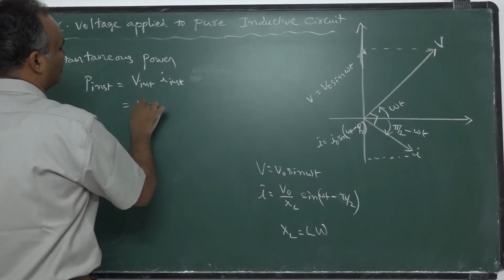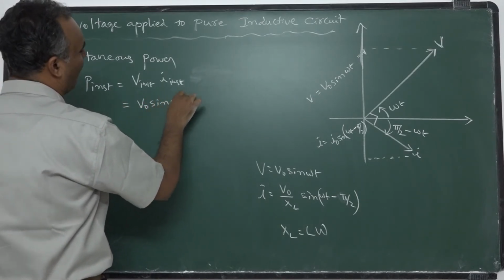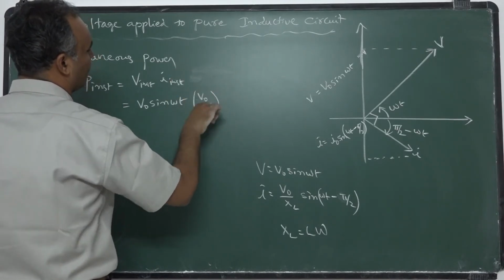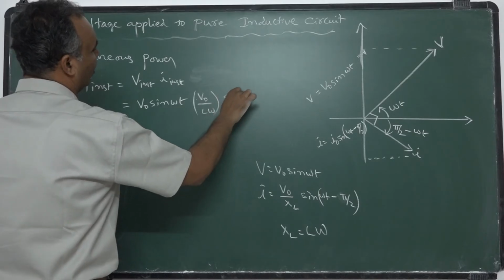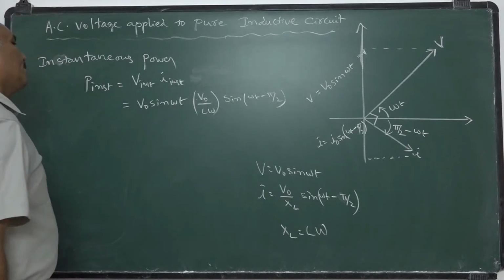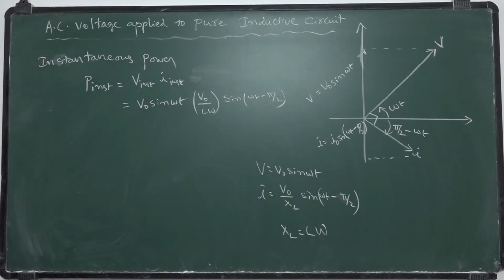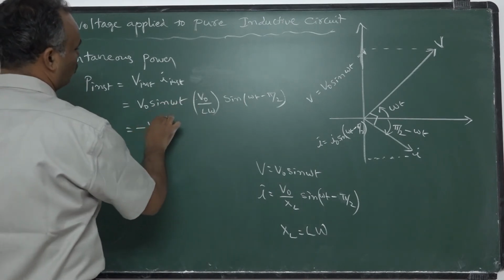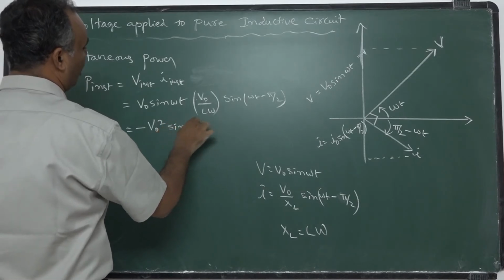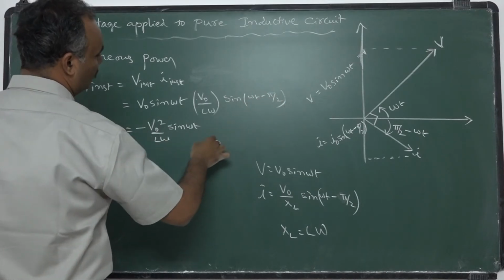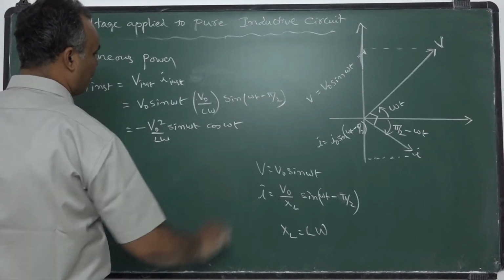V instantaneous is V naught sine omega t. I instantaneous is V naught by L omega sine omega t minus pi by 2. So if I take minus out, minus V naught square sine omega t by L omega, then it becomes sine pi by 2 minus omega t, that is cos omega t.